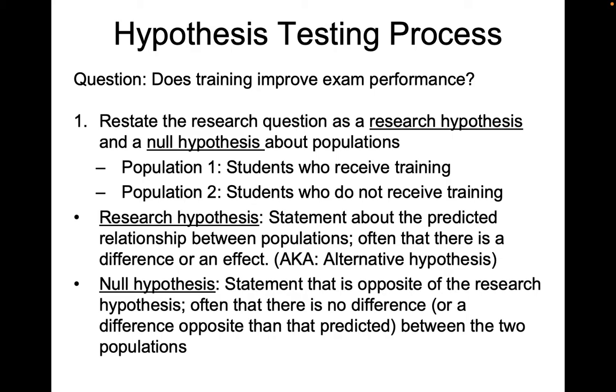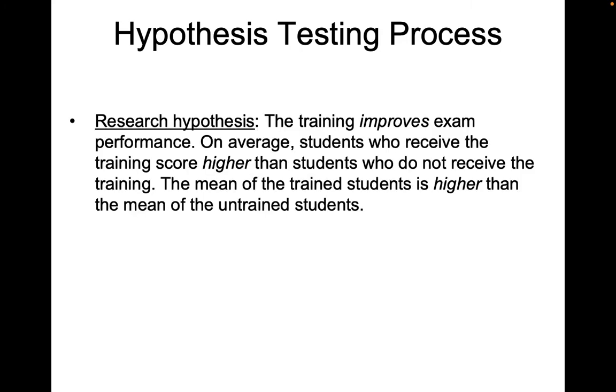The null hypothesis is a statement that is opposite to the research hypothesis. So often the null is that there's no difference, or that there is a difference opposite to that predicted between the two populations. Okay, so in this particular example, this is how we would state the research hypothesis.